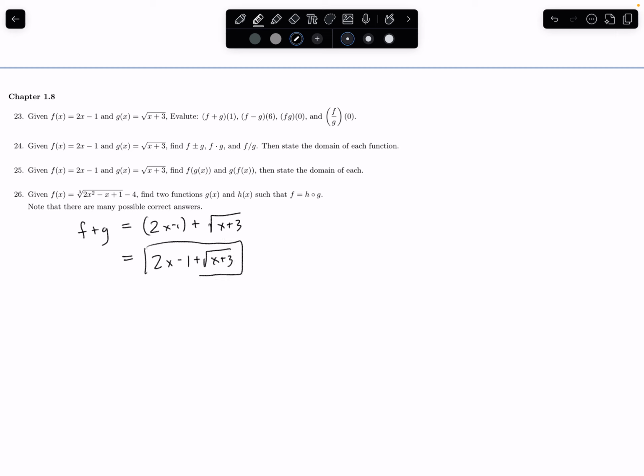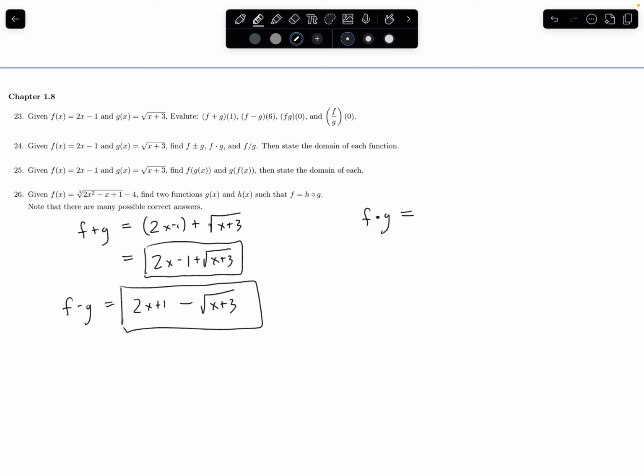That's it, simple. Okay, f minus g, yeah, these are so easy. F minus g is 2x minus 1 minus the square root of x plus 3. And that is the answer already. I could have had parentheses to start and then gotten rid of them, but that's what it is. Okay. Let's do f times g. Hopefully this will be a little more interesting.